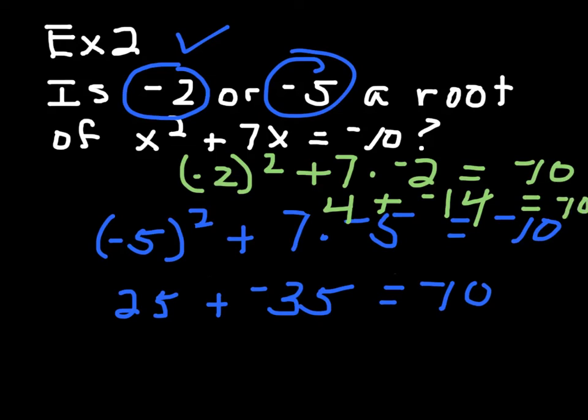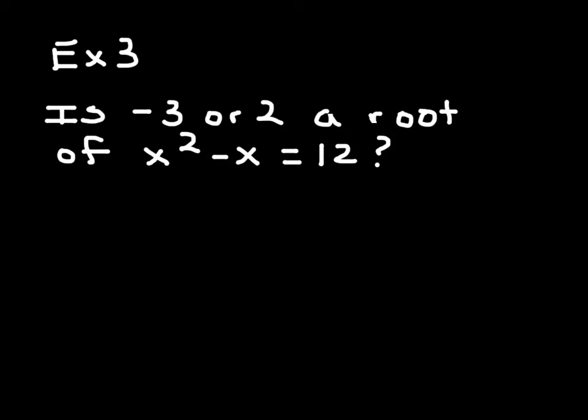And we can see that 4 plus a negative 14 is a negative 10. So both these in this case would make this true. Sometimes one might make it true, sometimes both values might make it true. You might have situations where neither one would make it true.